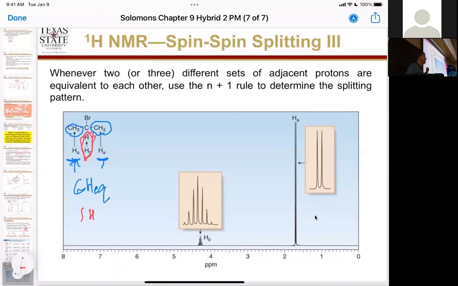The other hydrogens are within 3 bonds. So is that hydrogen, the red hydrogen here, the middle one, going to be upfield or downfield from those 6 hydrogens? It's going to be downfield because it's closest to the electronegative atom. So that means this peak down here is going to be our red one, and this peak right here is going to be our blue one, or our other one.